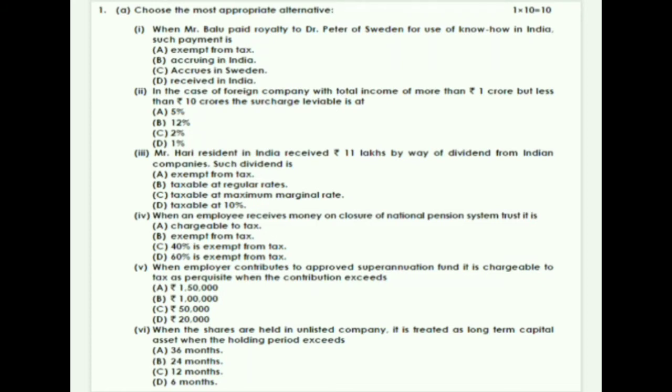Let's see now question number three. Mr. Hari, resident in India, received 11 lakh by way of dividend from an Indian company. Such dividend is: exempted from tax, taxable at regular rates, taxable at maximum marginal rate, or taxable at 10%.